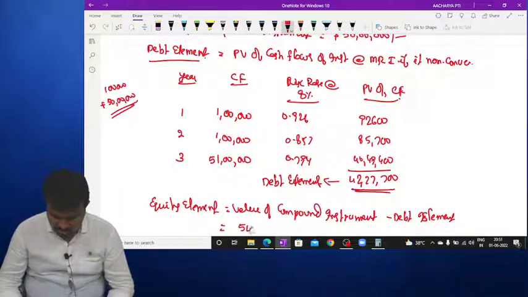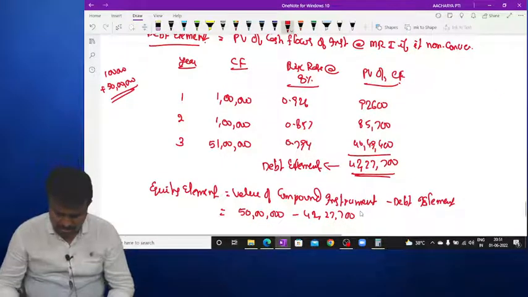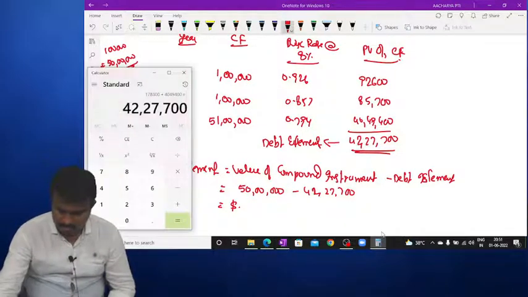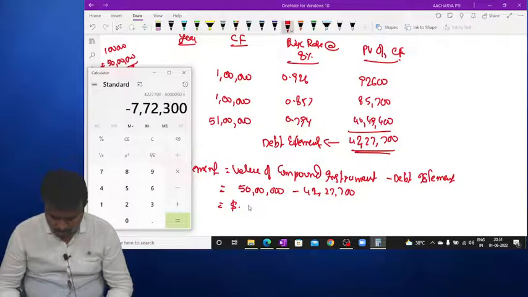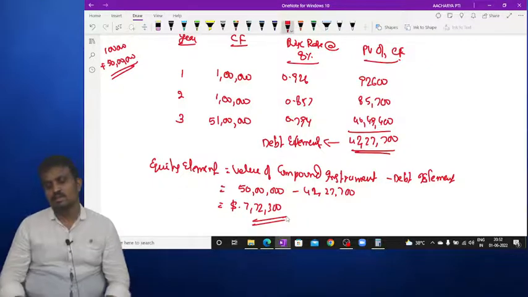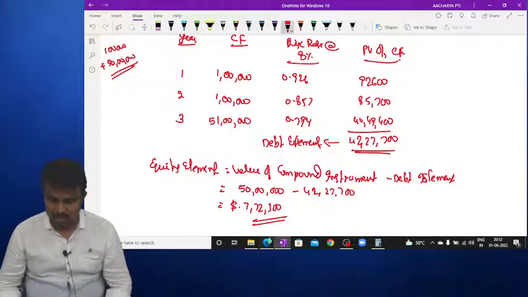That is nothing but what? 50 lakh minus 42 lakh 27,700, equal to 7 lakh 72,300. So this is the element of equity.